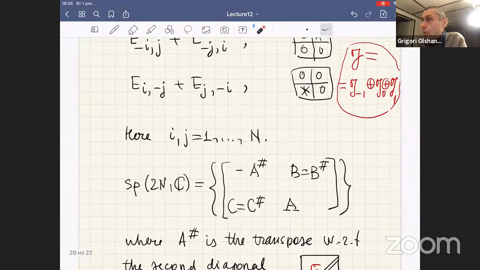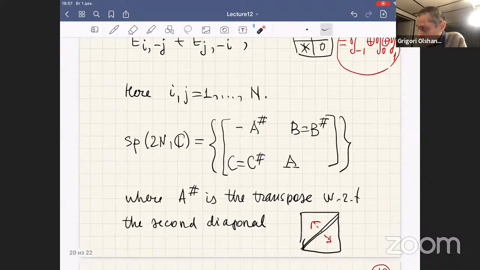In some equivalent formulation, the symplectic Lie algebra is the algebra of block matrices. And this is my notation for the transposition, but not the ordinary transposition, but the transposition with respect to the secondary diagonal.